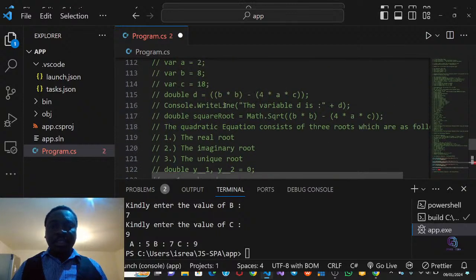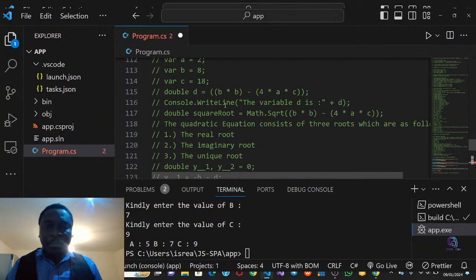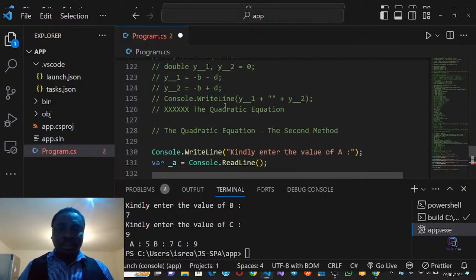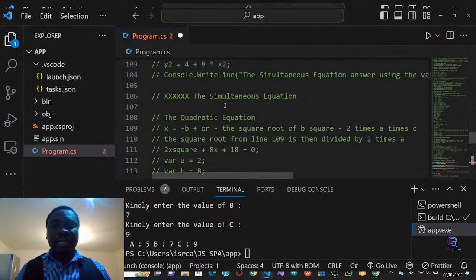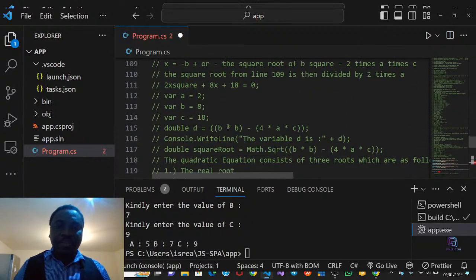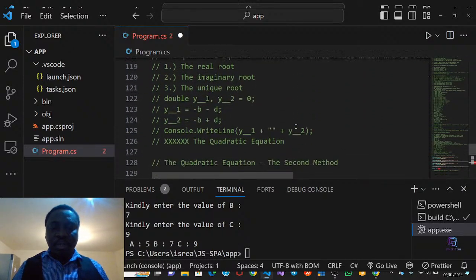But why not think about making use of another formula, which is bringing this separately, giving it an alphabet: b times b, giving it another alphabet, and 4ac, giving it another alphabet.